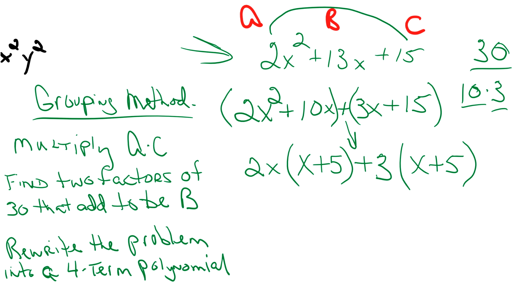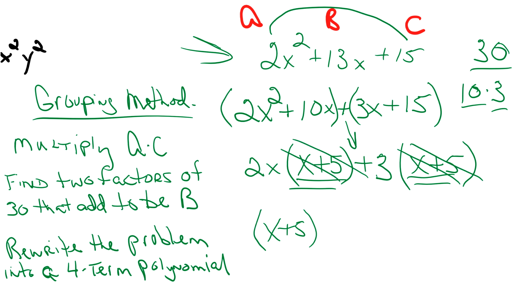Okay, I'm not done yet because I've got these common binomial factors of x plus 5, and I'm going to factor that out. And then after I cross these off, I can say what's left over. And it's 2x plus 3. And we're done.